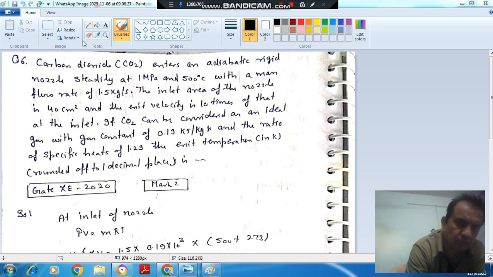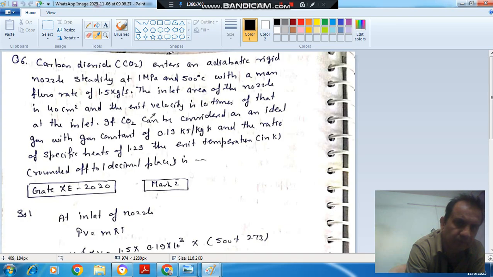Next question is also a nozzle, and now carbon dioxide gas is going through it. Question number 6: carbon dioxide CO2 enters an adiabatic rigid nozzle steadily at 1 MPa and 500 degrees Celsius with a mass rate of 1.5 kilogram per second.